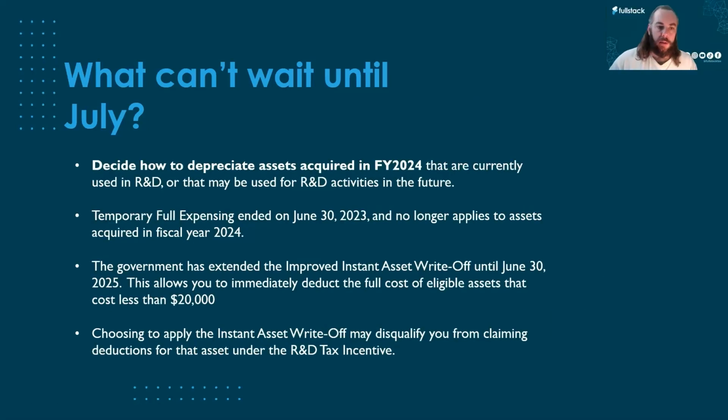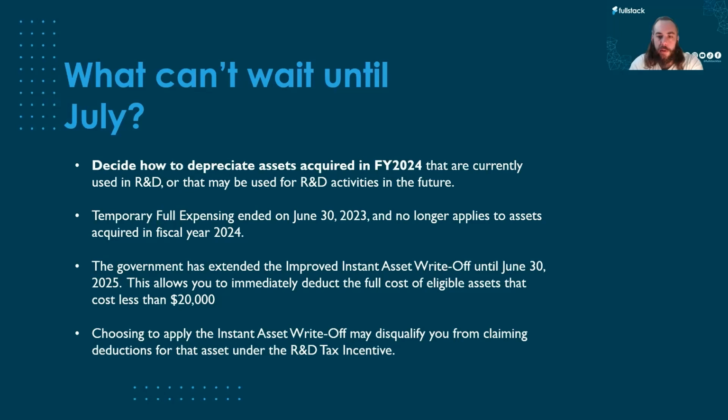So I'll just jump in here to discuss depreciation. How you choose to depreciate or expense the various assets that you may have acquired in the year will determine potentially how you can claim them under the R&D tax program.